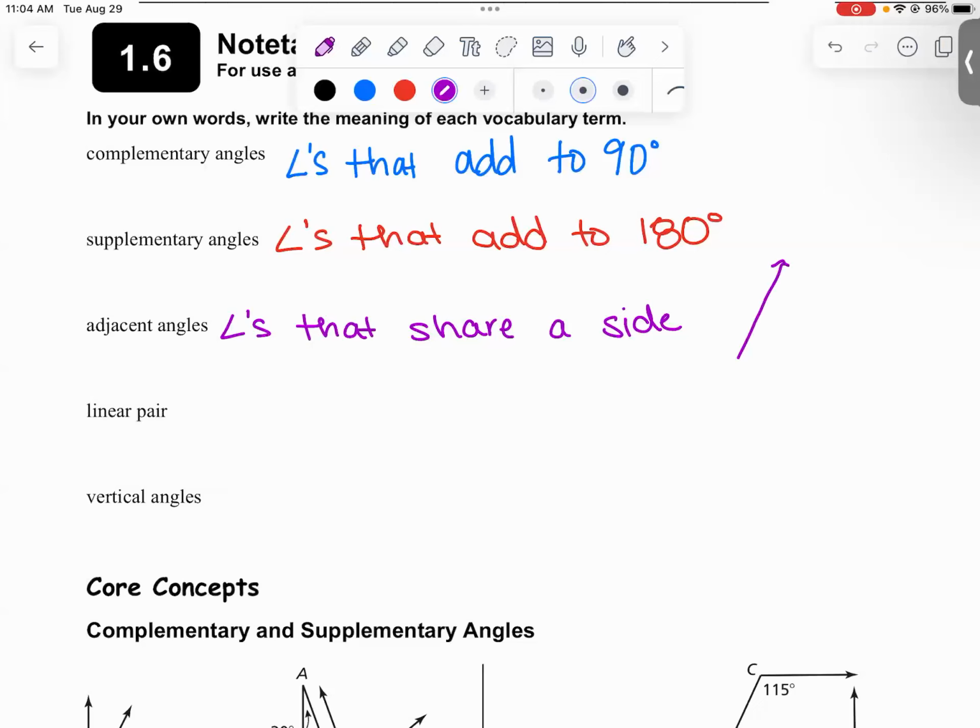So let's draw. In this picture that I drew, angles 1 and 2 are adjacent because they share side BC.